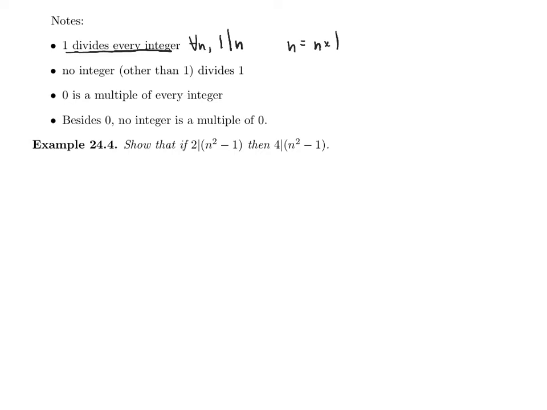Or maybe I'll write it the other way around, 1 times n. We're thinking of this as, if this is a divides b, here's our a, here's our b, and here is our integer c that I multiply 1 by to get b, which is n. So this works for any number. That's the property of 1.